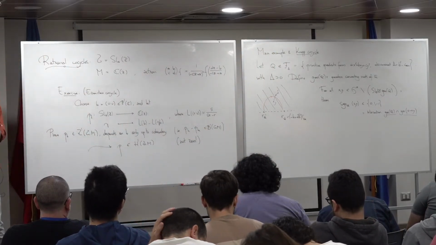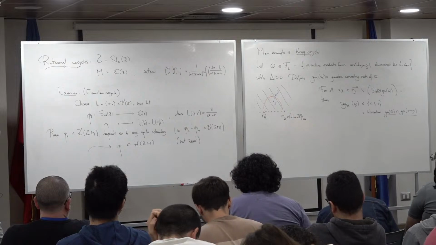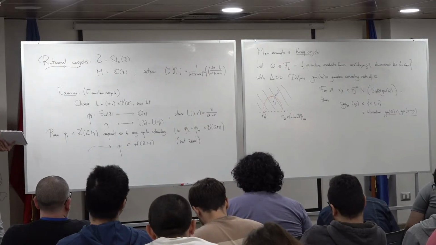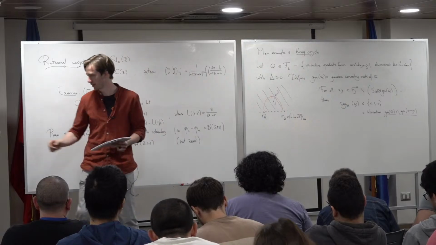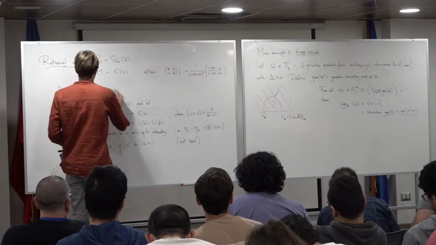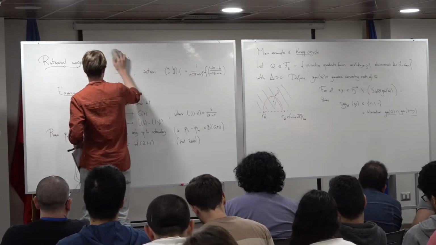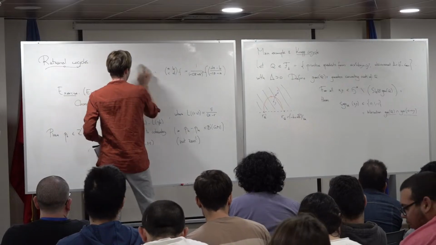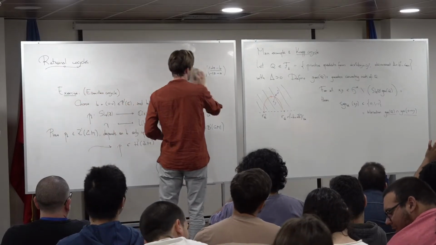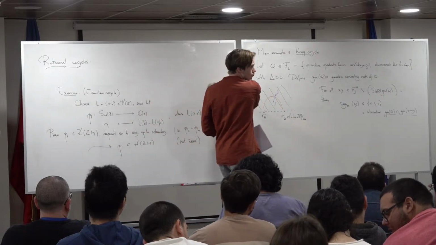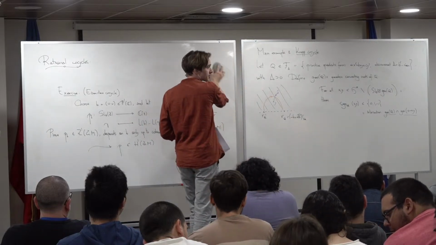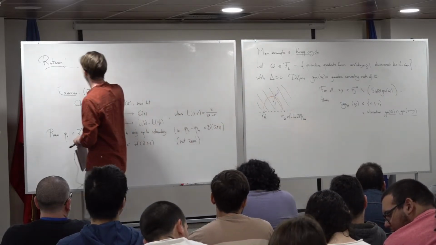Okay, so now let's make a bizarre definition. Here, H asterisk is the upper half plane plus the real line plus P1 of Q. So the extended upper half plane, so just the cusps, the rational ones.